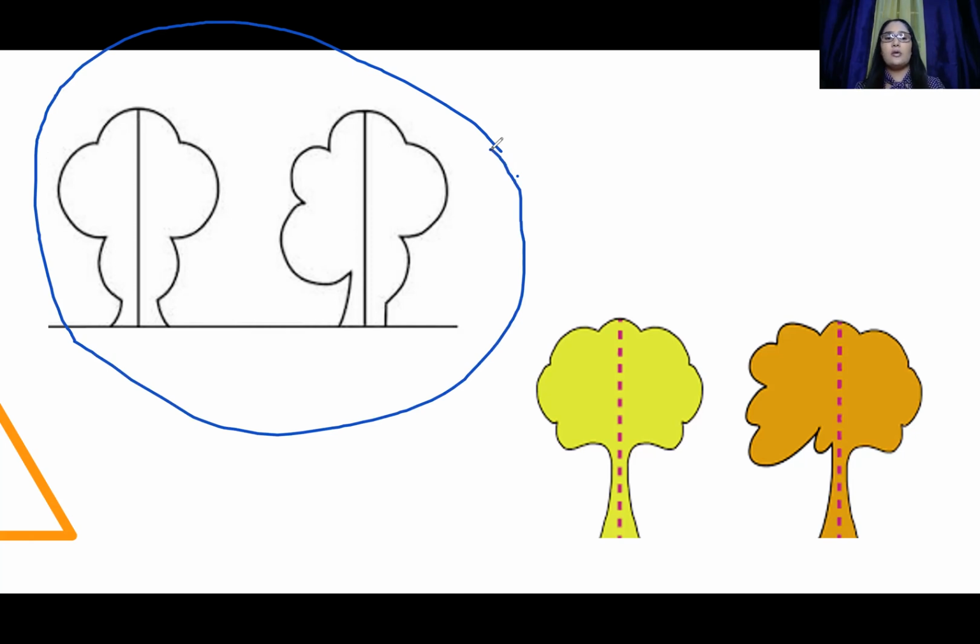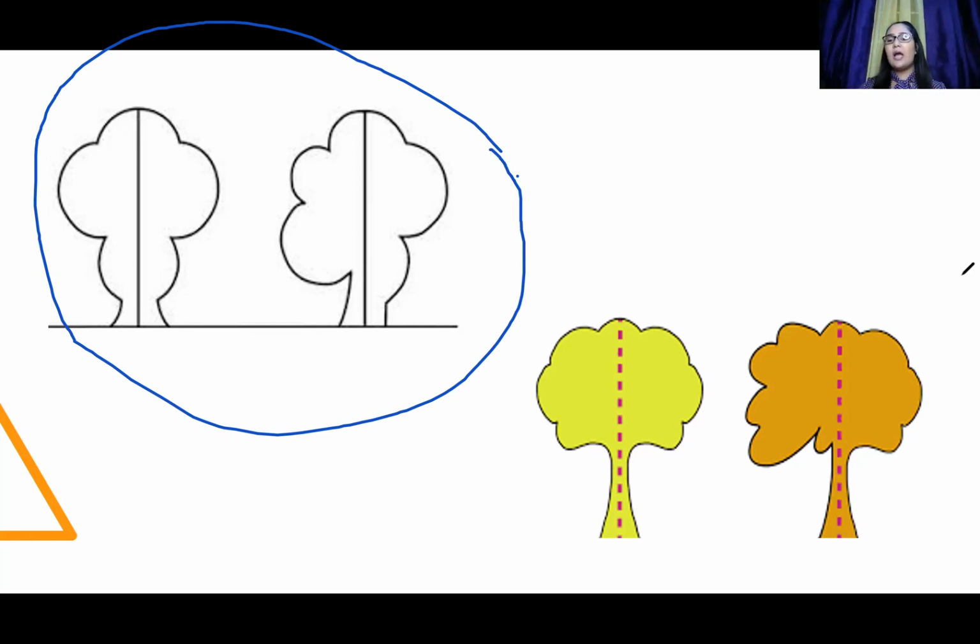What do you all notice about the two trees? The tree on the left has a line of symmetry drawn down the middle, and the two sides are what? Right, the same, making it a symmetrical shape. Very good. And what about the tree on the right? It has a line of symmetry drawn down the middle, and the two sides are different. Very good, making it an asymmetrical shape.